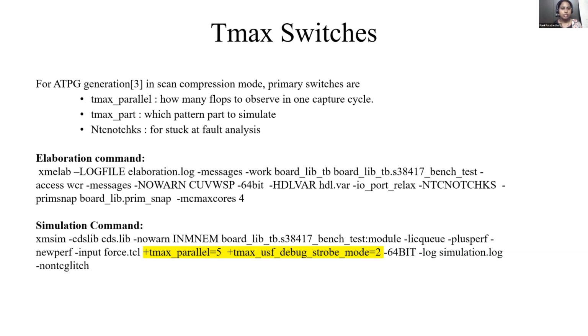The second switch is tmax_part. When we generate patterns for 20,000 flip-flops, the patterns that will be generated are above 10K patterns if you are testing rigorously.